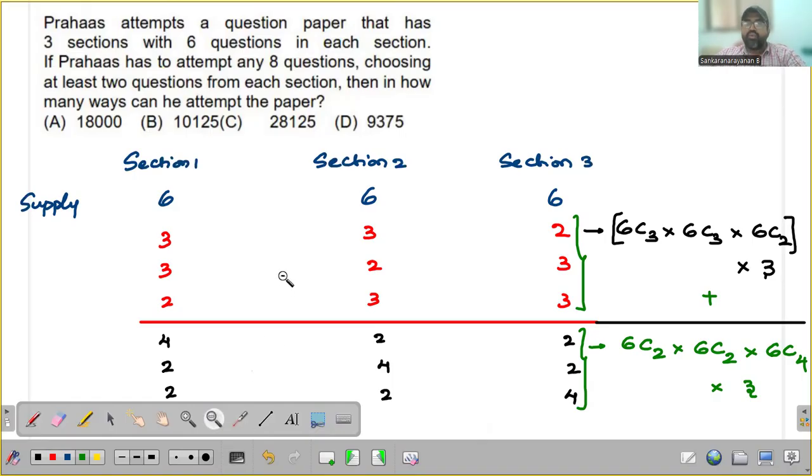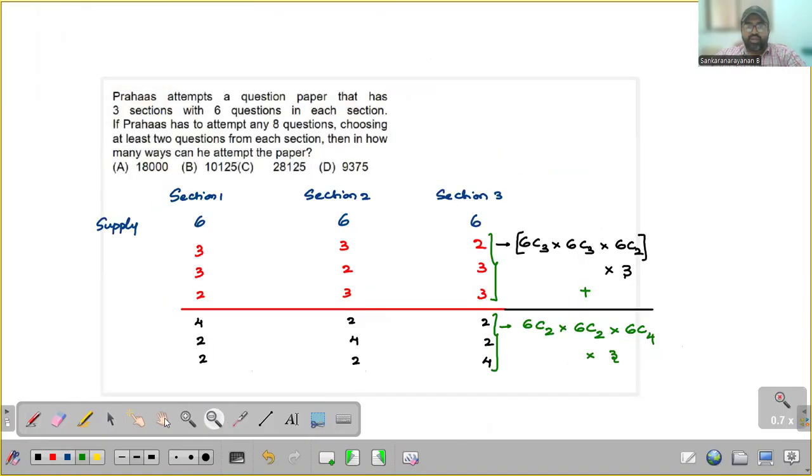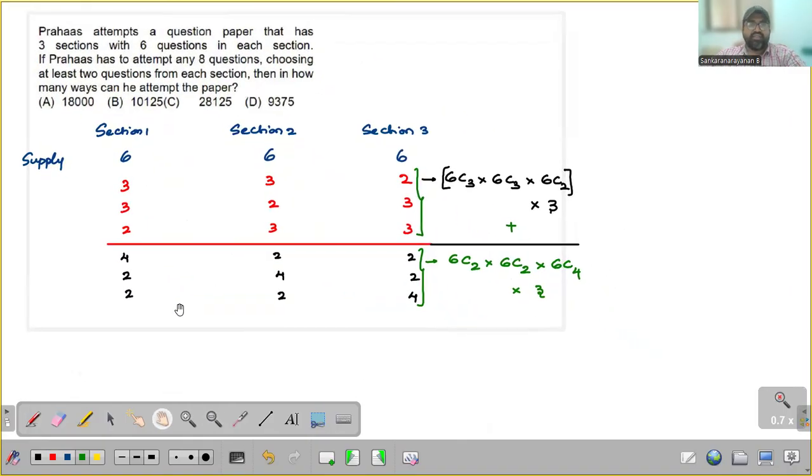Now, if I consider the final results here, in the first case, 6C3 into 6C3 into 6C2 will come as 6000, so it is 6000 into 3.